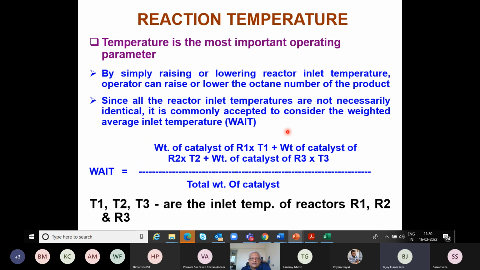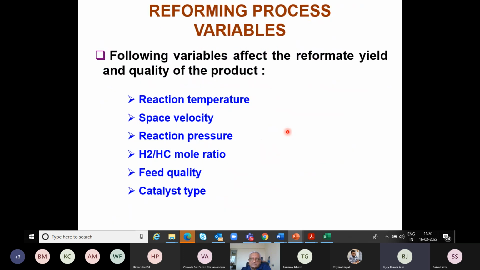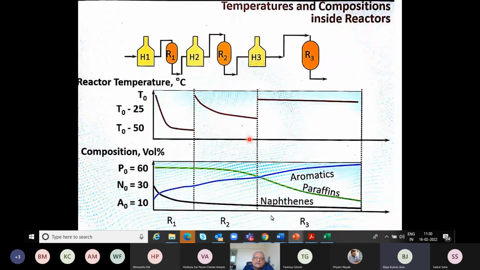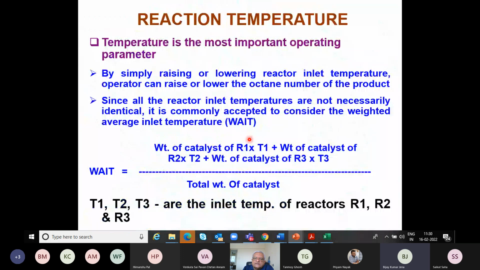Out of this, the reaction temperature is by far the most important, because the reactions are endothermic and we need a temperature at which those reactions happen at a pretty fast rate. And there are 2 definitions as far as the reaction temperature is concerned, because there is no one reactor, there are 3 reactors. So we need to define what exactly we mean by the reaction temperature in catalytic reforming.